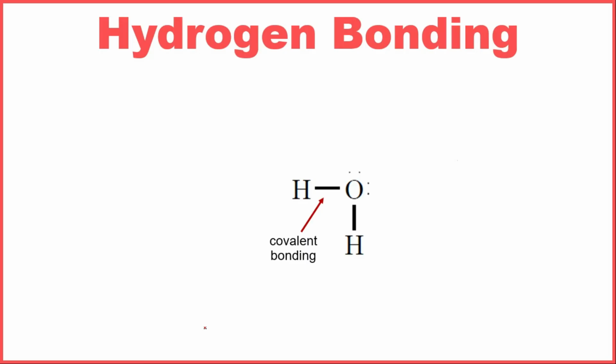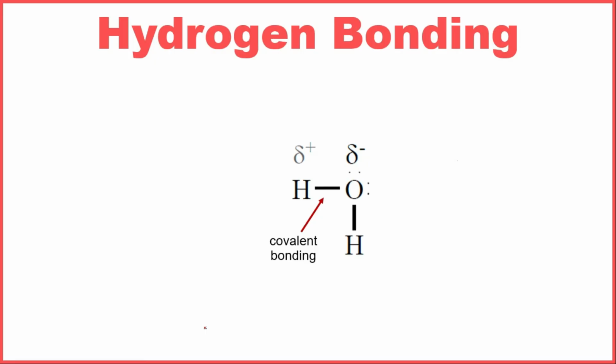Here, the location of the bond pair of electrons in the OH is very close to the oxygen nucleus. Therefore, the oxygen atom develops a partial negative charge, and the hydrogen atom develops a partial positive charge. This is due to the large difference in the electronegativities of oxygen and hydrogen.